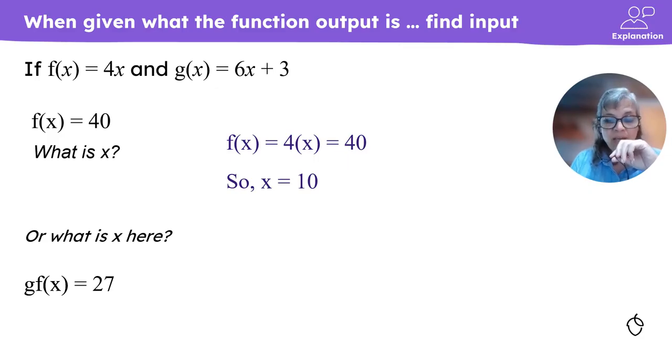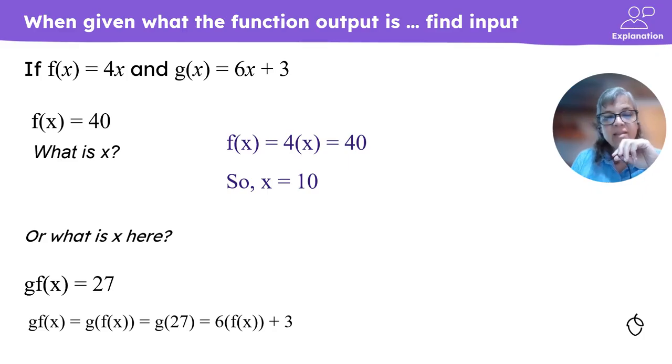First of all, you think about it in steps. If g of f of x means that the outcome of f of x is going to run through the function g, then after both of those things happen, it equals 27. So before that, there must have been 6 times something plus 3 that gave me 27.